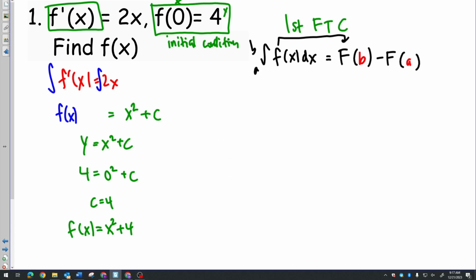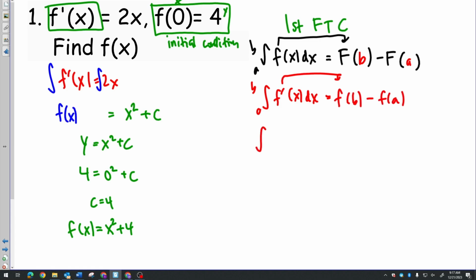All right. So we're going to use this equation to plug in the information we have here. I'm actually going to replace this. There's another way to write the first fundamental theorem of calculus, and that is if this were f prime, then this right here would be the antiderivative of f prime, which is little f. So I think this is an easier form of the first fundamental theorem for us to plug in today.